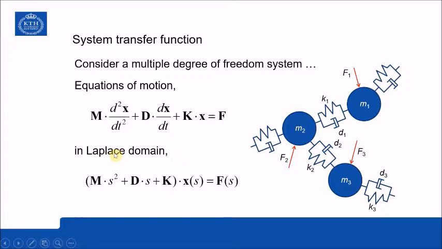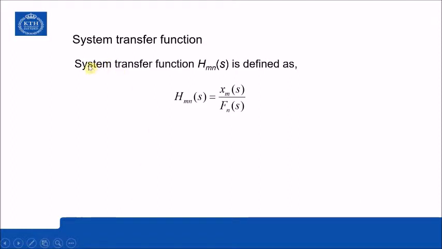And in the Laplace domain, if we perform the Laplace transformation, we replace the time derivatives with s, the Laplace variable s. So this means that the system transfer function H between the excitation force Fn in degree of freedom n and the response in degree of freedom m can be defined, as you know, as the ratio of X over F in the Laplace domain.